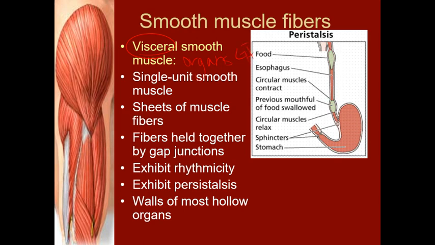So here's the esophagus, here's the stomach down in here. When food hits these muscles and causes them to expand, it causes this rhythmic pulsing of the muscles. So they contract, they relax, they contract, relax. And when they do, they just generally push that food down until it reaches the stomach.